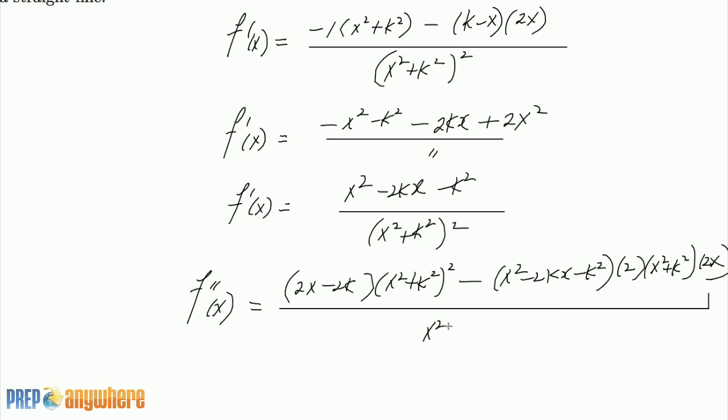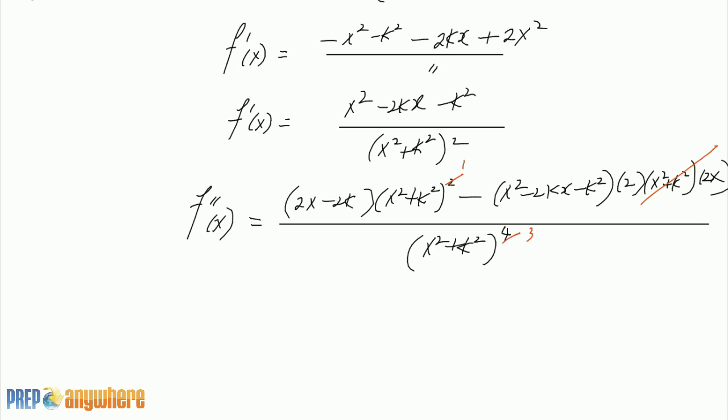Alright. So let's reduce right away what we can. That'll become 1 and that'll become 3. Okay, and the top will become 2x minus 2k, x squared plus k squared. This is 4x.